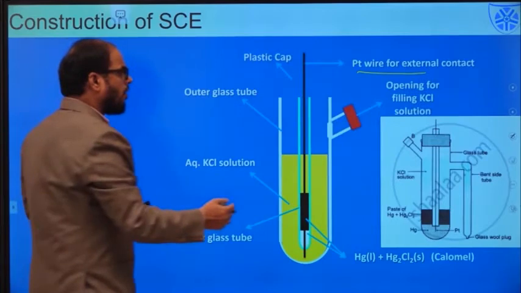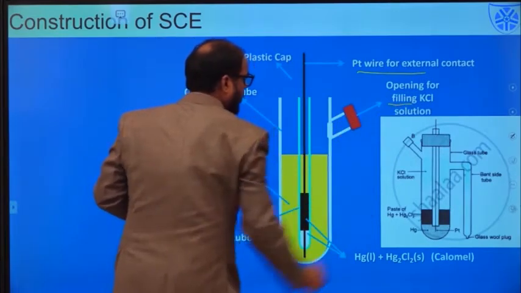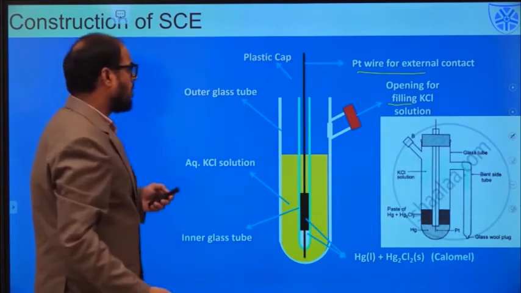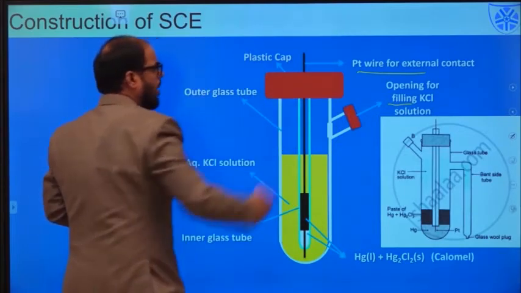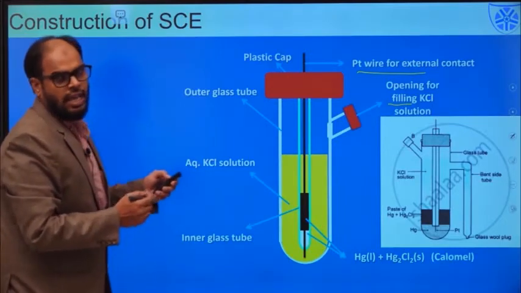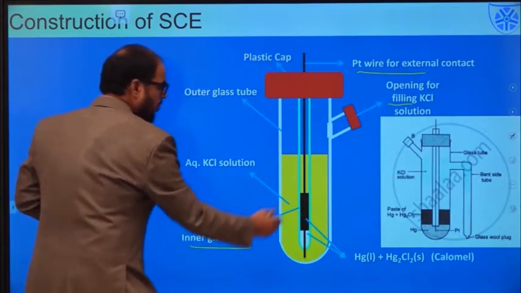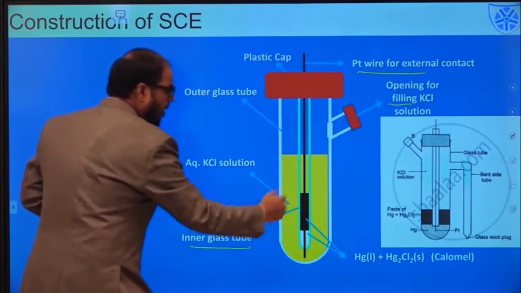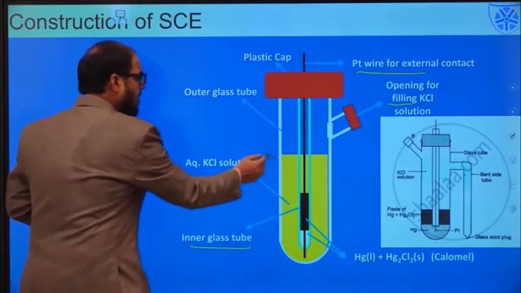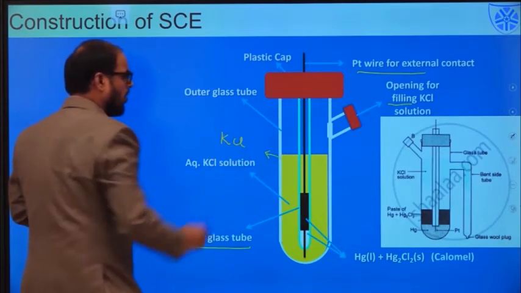We have a side arm for opening of the potassium chloride solution, and the whole setup can be enclosed with a plastic cap. So this is the way we can construct a calomel electrode using an inner glass tube filled with mercury and mercurous chloride, as well as the potassium chloride solution.